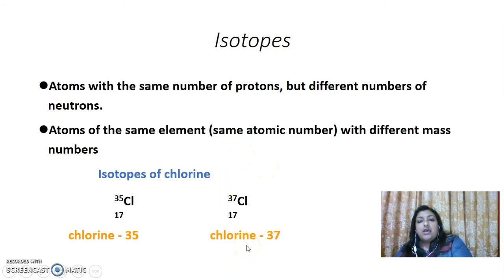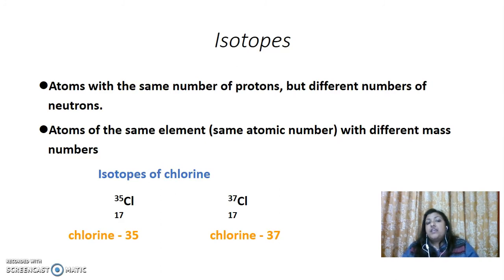So that's what I meant: in chemistry there are different versions of the same element. As you can see in the example, chlorine has an isotope.